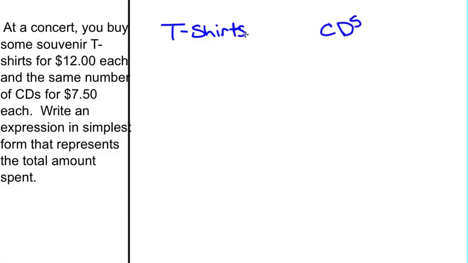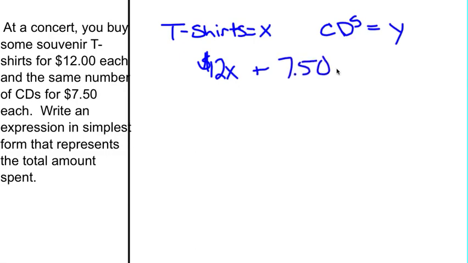I'm going to have t-shirts equal X and CDs equal Y. You could pick C and T if you want to, it doesn't matter the variable. The t-shirts are $12 each, so 12 times X. And the CDs, I'm going to add on the price of the CDs, which is $7.50Y.